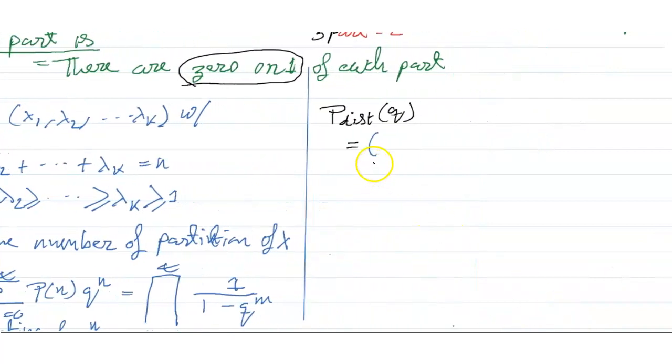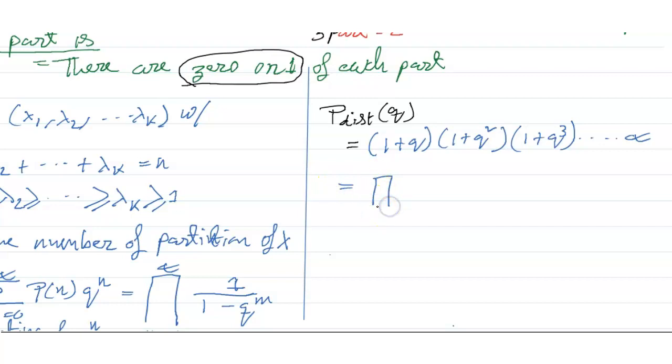So P distinct q is equal to 1 plus q into 1 plus q square into 1 plus q cube and so on, equals product m equals 1 to infinity 1 plus q to the power m.